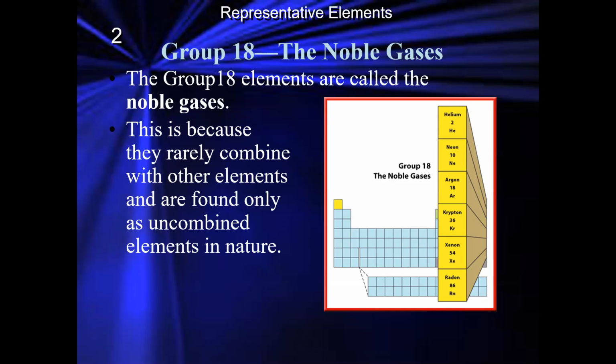Basically every atom needs to complete its outermost shell with eight electrons. But in all of the noble gases, the outermost shell is completely filled with the complete octet, or the eight electrons.